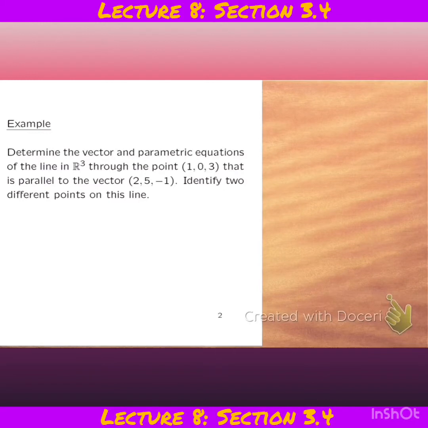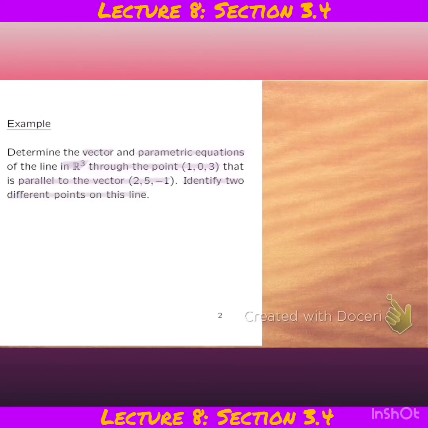All right, so here they ask us to determine the vector and parametric equations of the line in R3 that goes through the point 1, 0, 3, is parallel to this vector, and also identify 2 different points on this line.